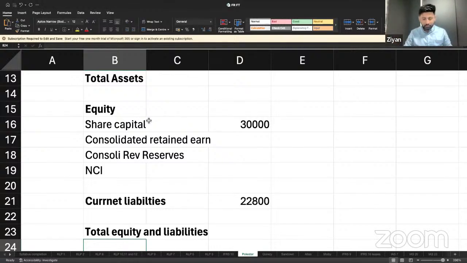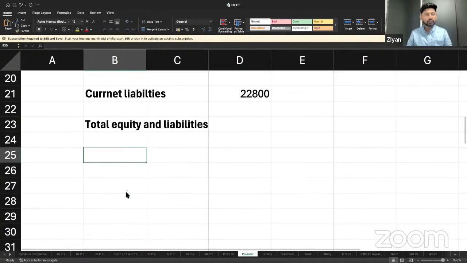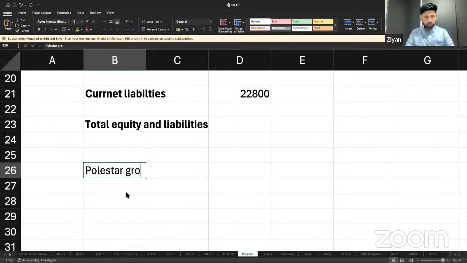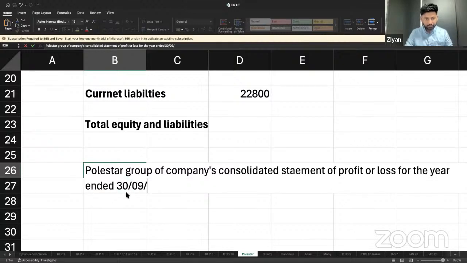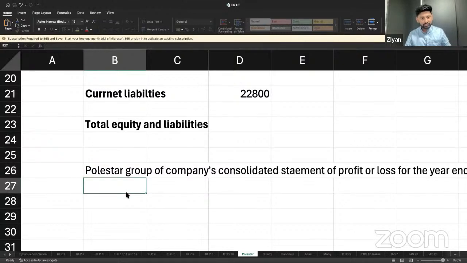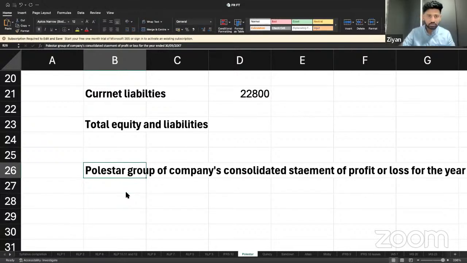Okay, super. Now that I'm done with my balance sheet, I can start doing my P&L. So, Polestar group of companies consolidated statement of profit or loss for the year ended 30th September 2013.